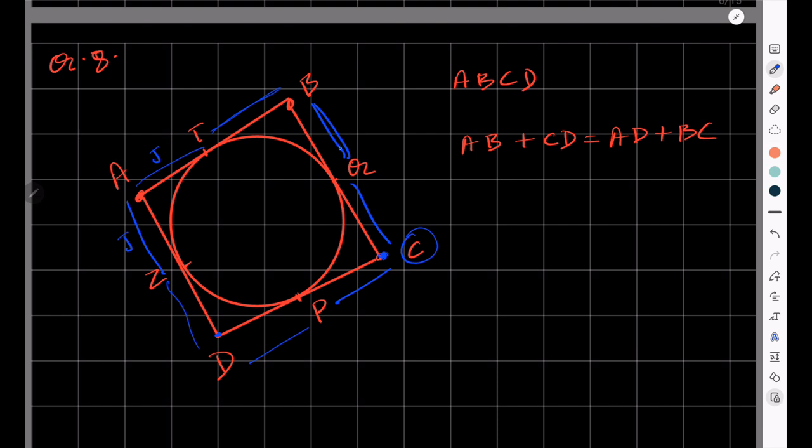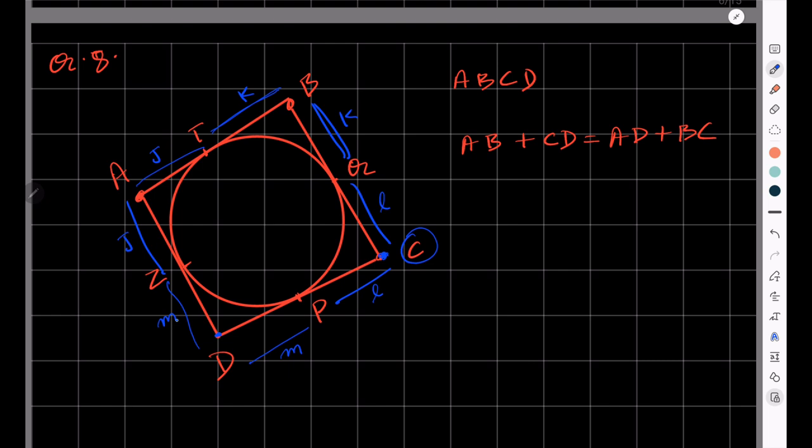Let us assume that length of TB is K. Then BQ will also be K. Then let us assume that QC will be L. Then CP will also be L. And then let us assume that DP is M. Then ZD will also be M, isn't it?